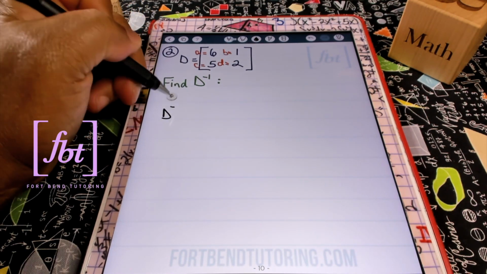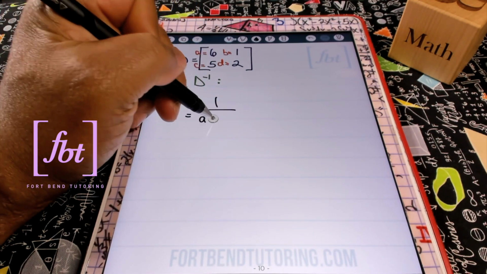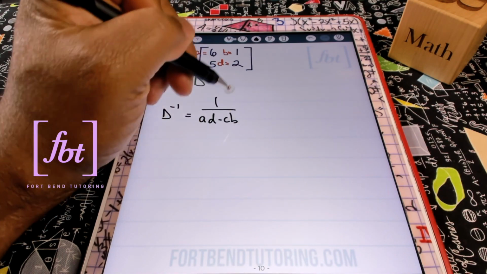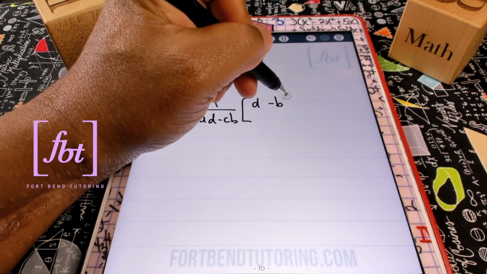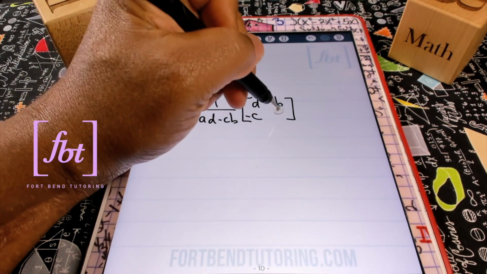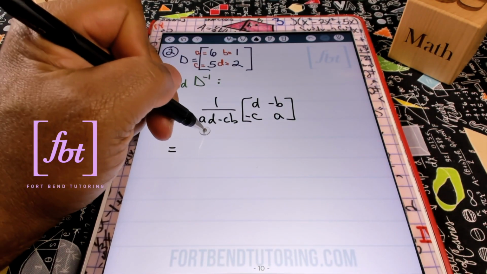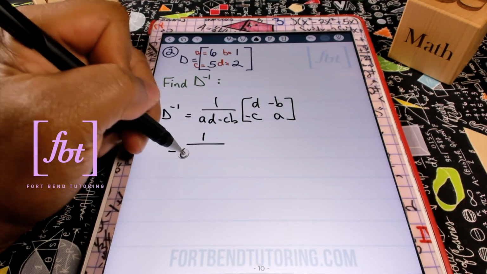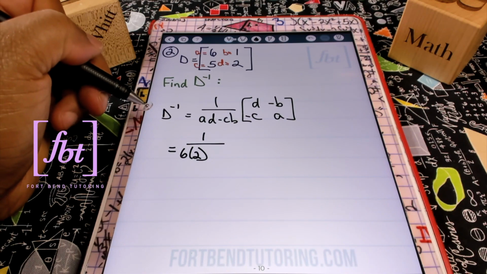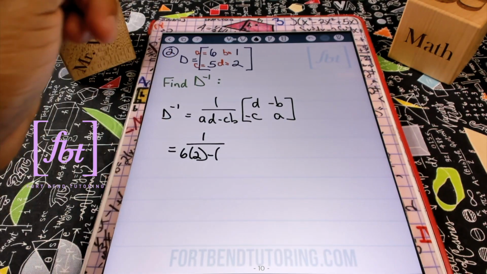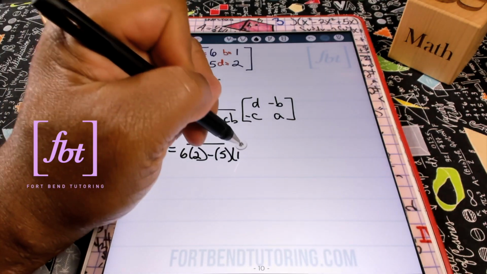So we know that the inverse of D is going to be equivalent to 1 divided by AD minus CB times the matrix D, negative B, negative C, and A. Plugging in our values here, you'll have 1 divided by 6 times 2, that's your A times D, minus the quantity C, which is 5, times B, which is 1.